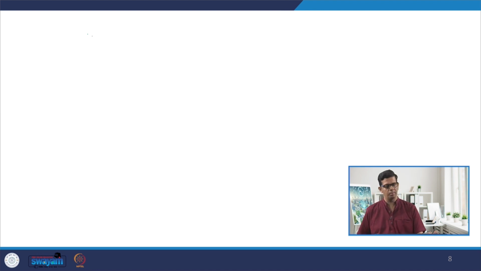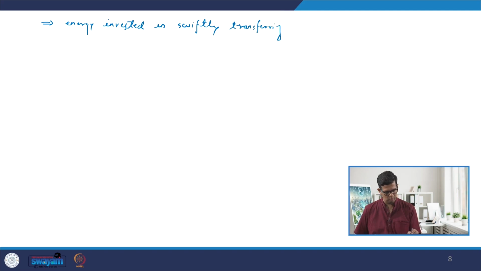We can similarly write for the electrolyzer. It is the energy invested in swiftly transferring electron to the H plus near the electrode.